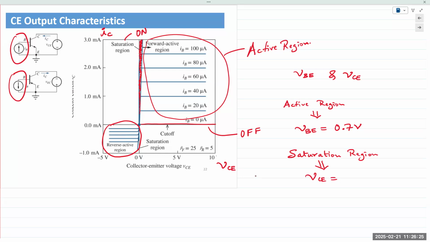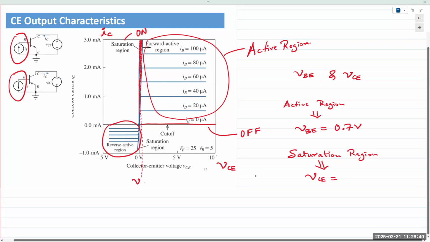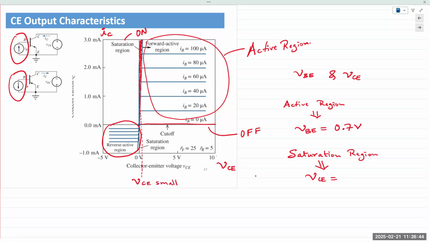So VCE is typically very, very small, right here. Very close to 0. But we do not take it as 0. Okay, VCE would be approximately 0.2 volts.